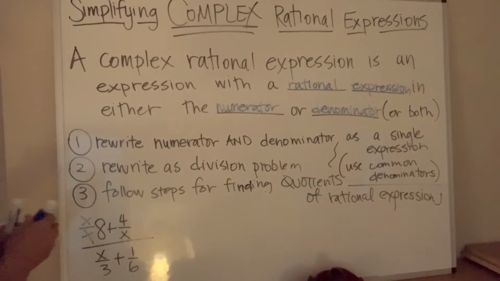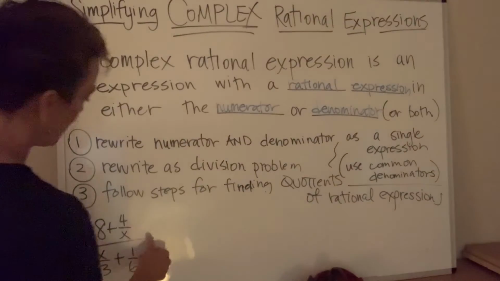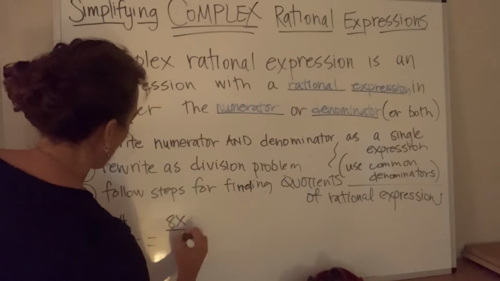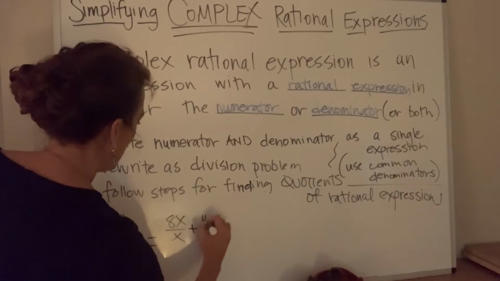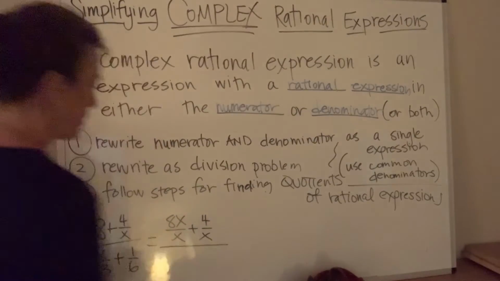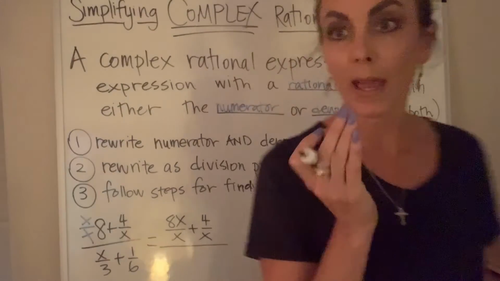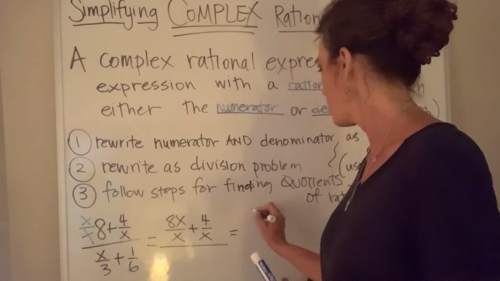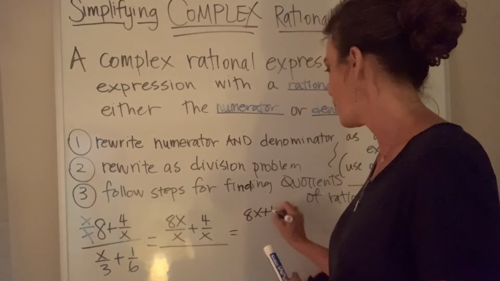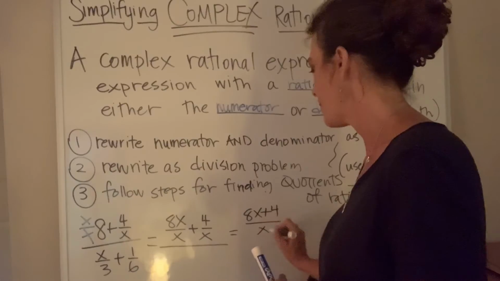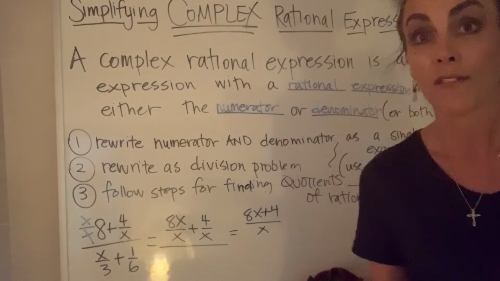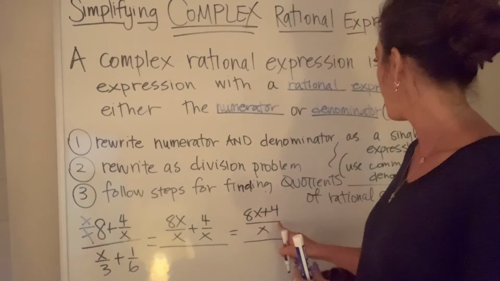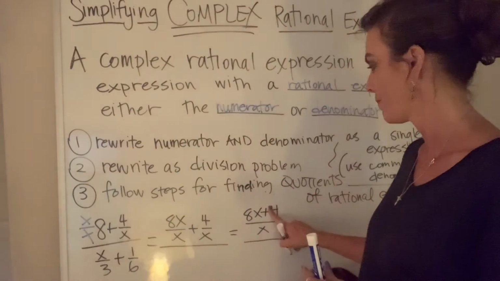And so this is going to turn into 8x over x plus 4 over x. Okay? And then we can actually combine those numerators. So that would end up being 8x plus 4 all divided by x. Okay, so I've taken that numerator and written it as a single fraction, a single expression.